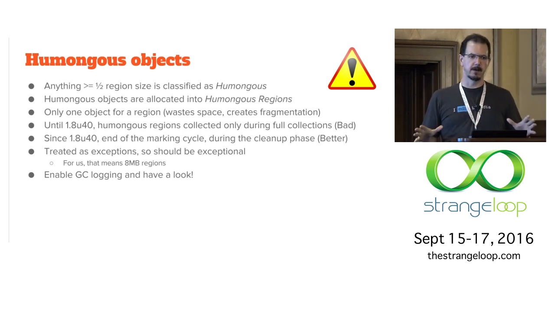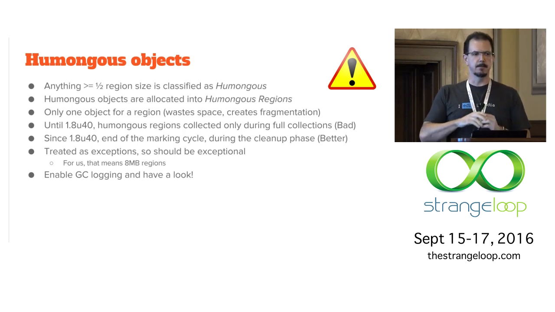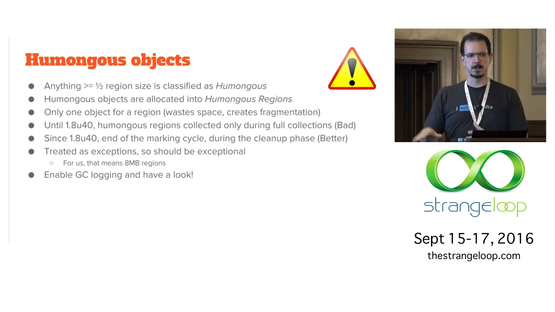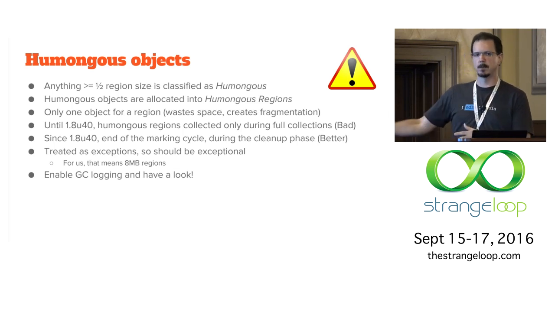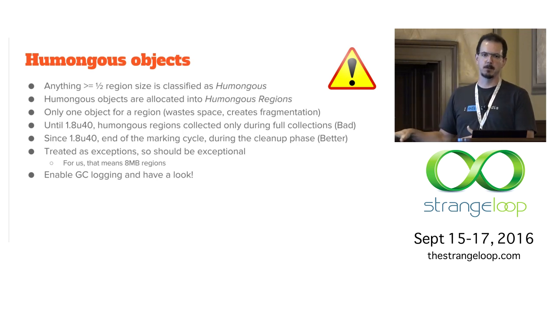G1 divides your heap into some number of regions of some size. If you attempt to allocate an object that's half that size or larger, then it puts it in what it marks as a humongous region, a special area, and it doesn't put more than one object per humongous region. It treats them in an exceptional manner.